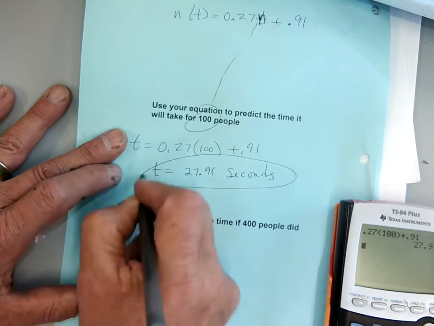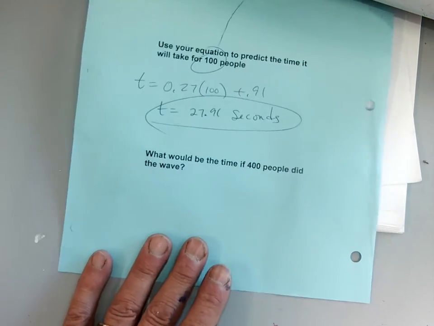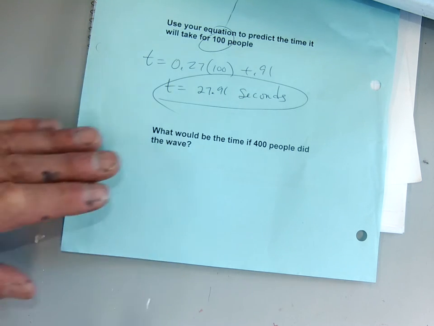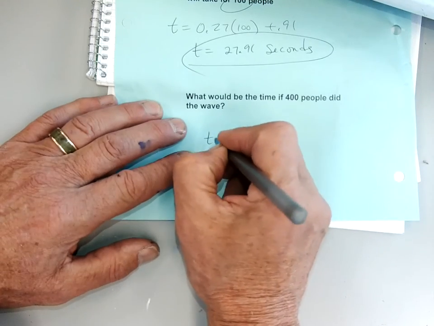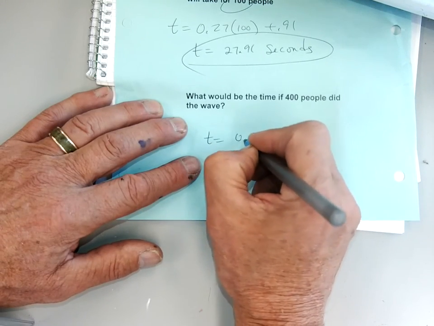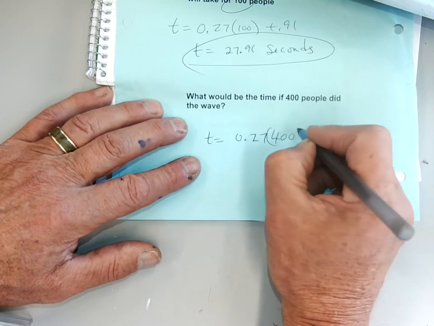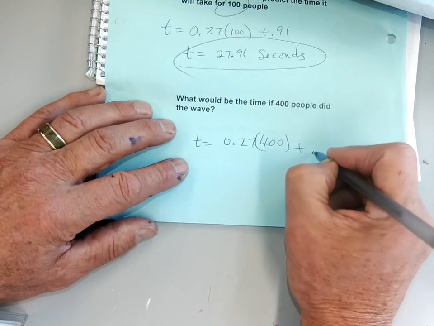And then finally, if we had 400 people do it, we can guess the time. If we keep going around and around for 400 people, we'll just plug 400 in, right? Same thing. T equals 0.27 times 400 plus 0.91.